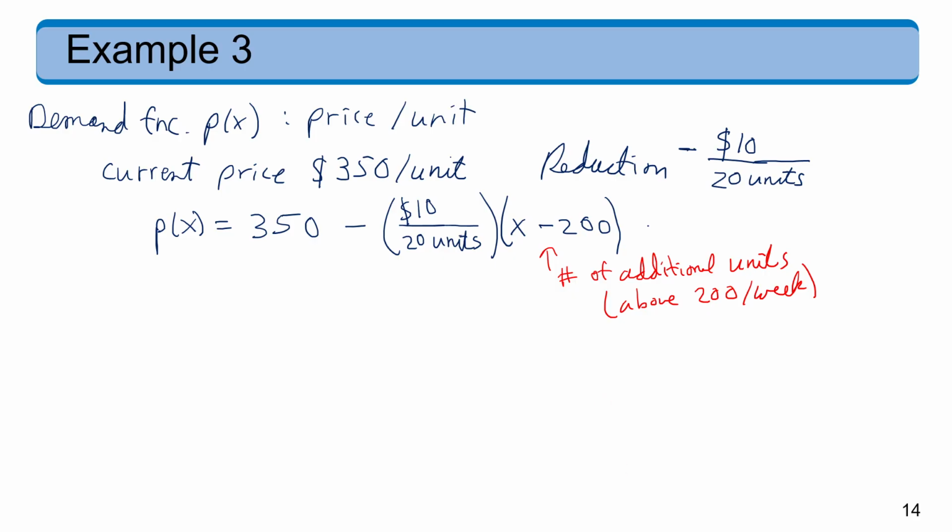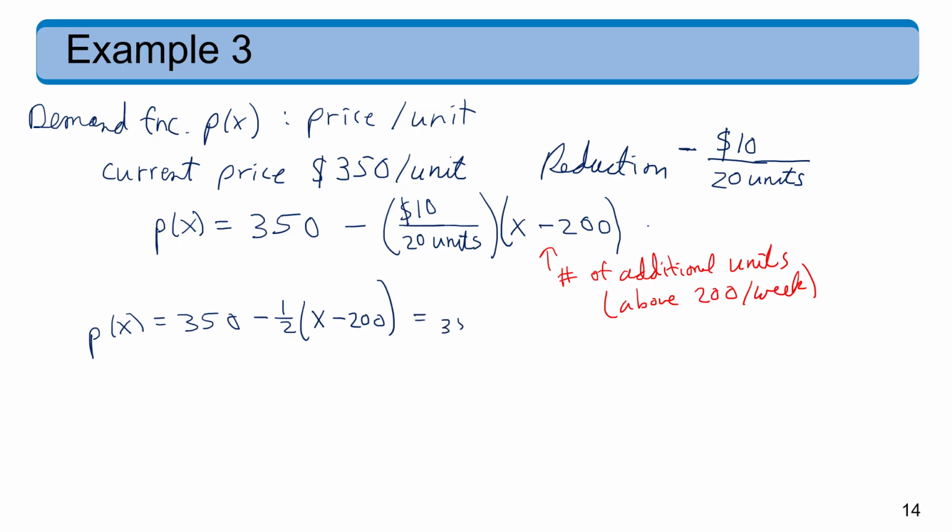Okay, so now let's simplify our P of X. So we have 350 minus, so the 10 over 20 is 1/2 times X minus 200. Okay, and then we could distribute over the parentheses.